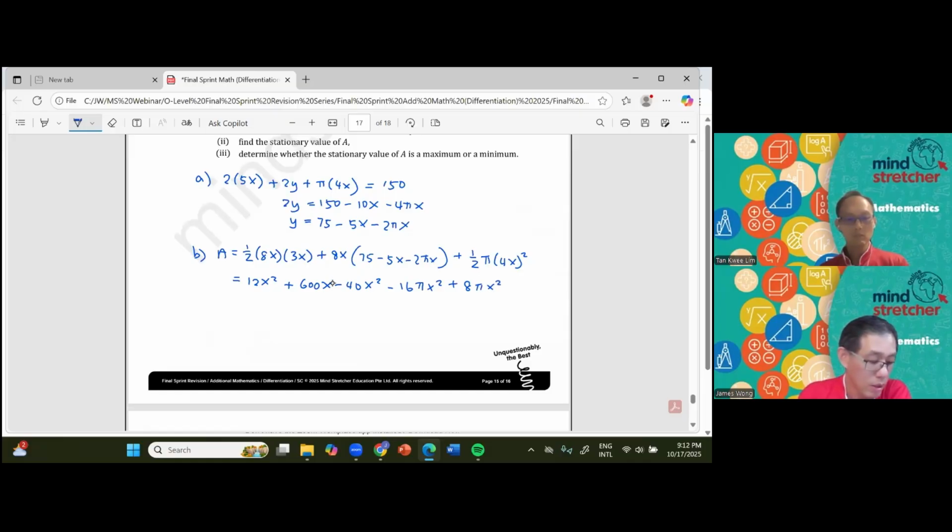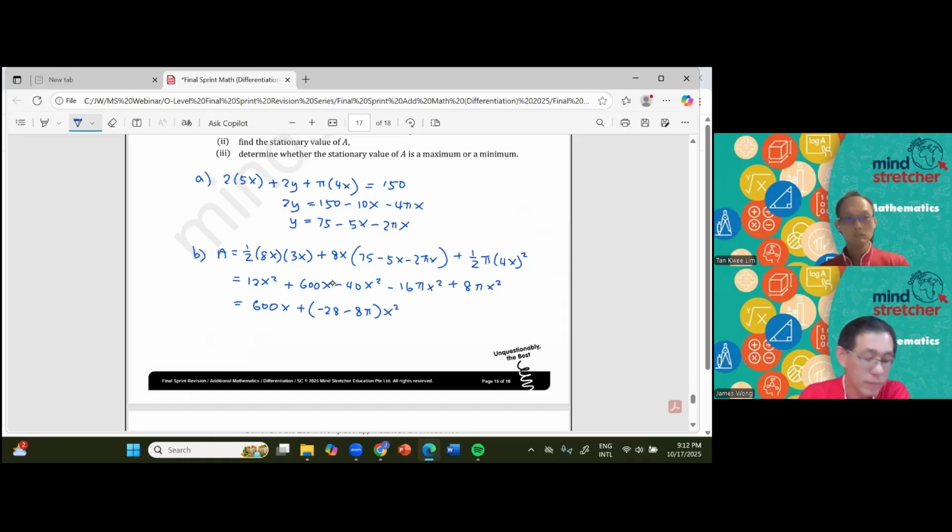Simplifying everything, you should get 600x, and I factorize out my x squared, which becomes 28 and your 8 pi.